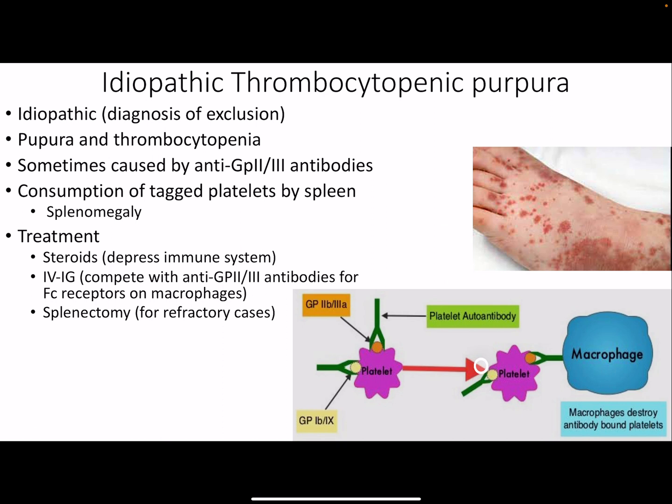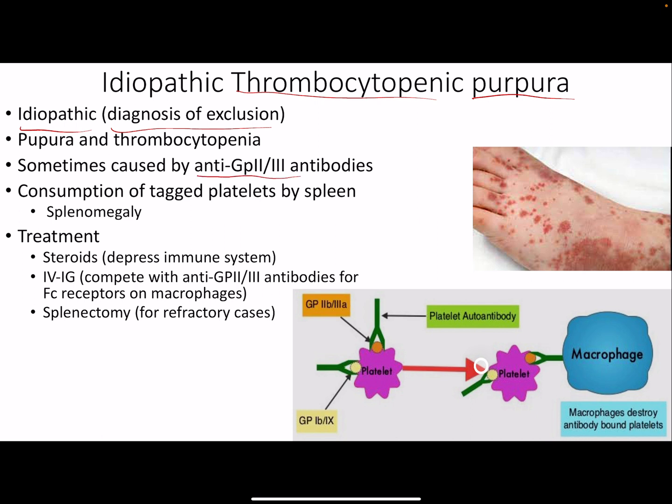Much more important is idiopathic thrombocytopenic purpura. So we mentioned in the very first intro to clotting that petechiae and purpura are specifically going to be superficial skin bleeds. We're going to see this in platelet disorders specifically. So this is idiopathic. So this is a diagnosis of exclusion for the most part. It's thrombocytopenic, which just means you have a low platelet count.